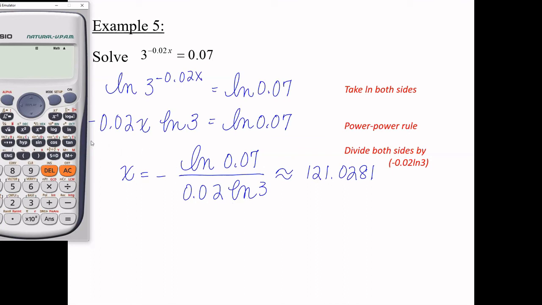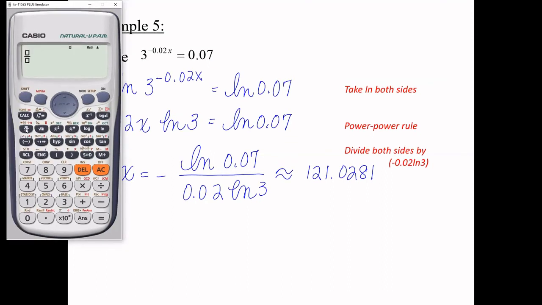And to do that, we would first need the fraction key. Actually, we wouldn't. Let's do it without the fraction key. But we would have to use a parentheses. Natural log 0.07, close the parentheses.